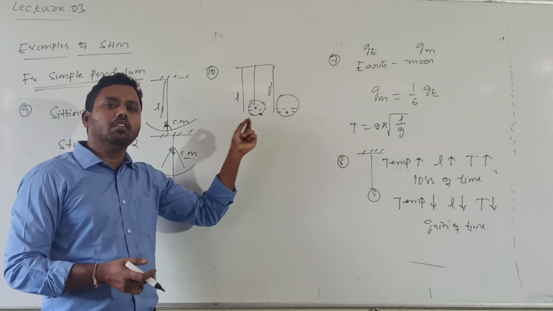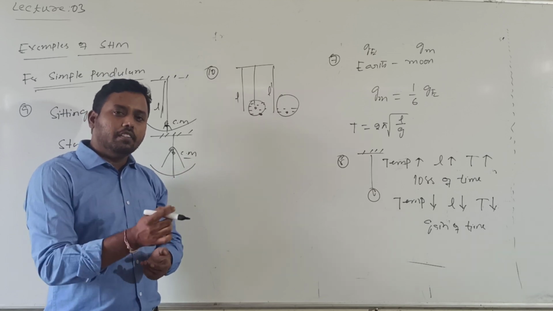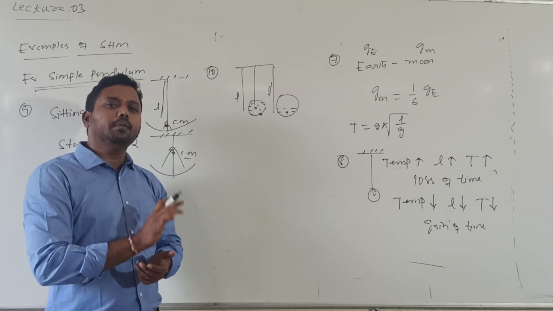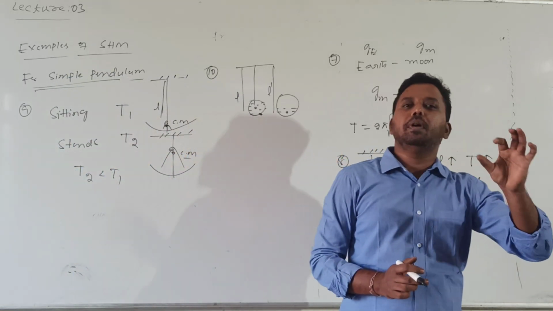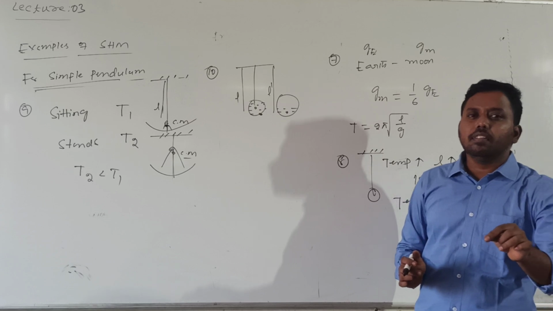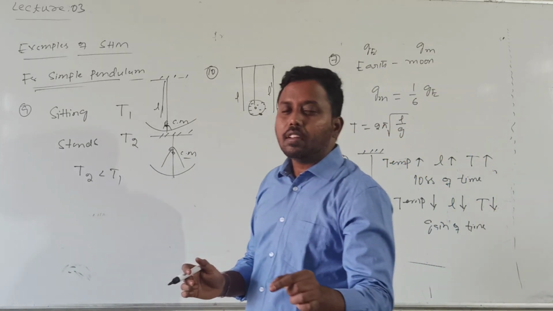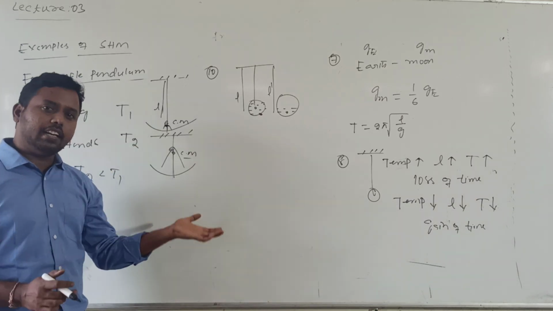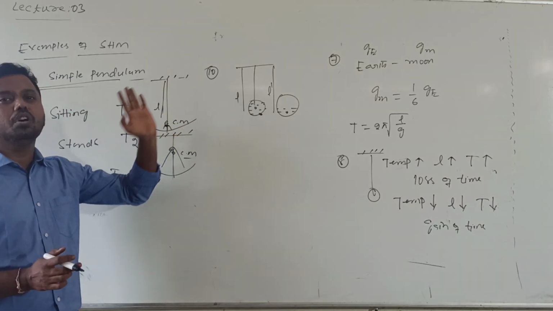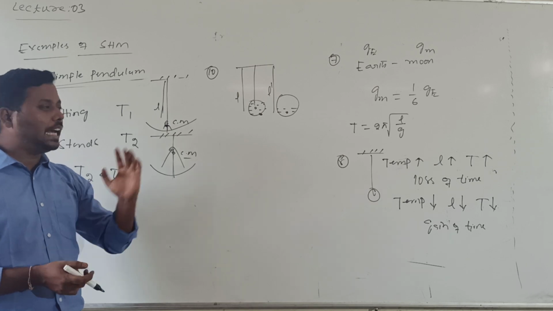When it moves down, the time period value increases. When it moves up, the time period value decreases. In this case, when a hollow metal bob filled with water leaks through the bottom, the time period first increases, then decreases again. So this is also one application for the time period.